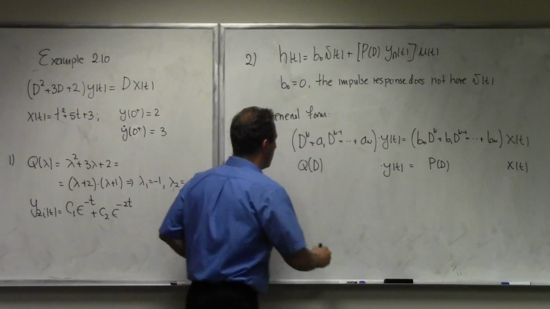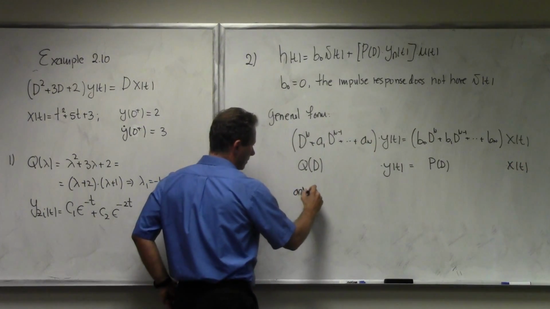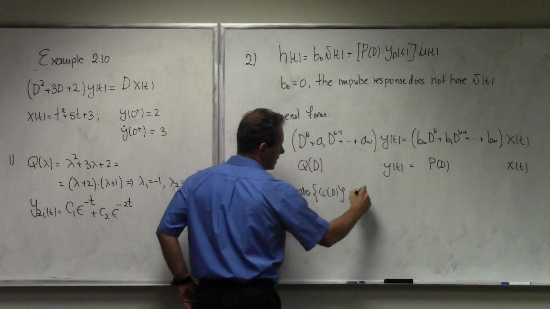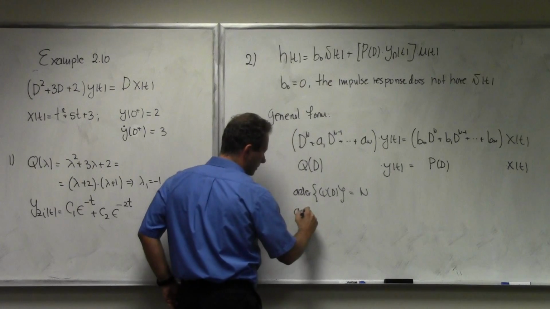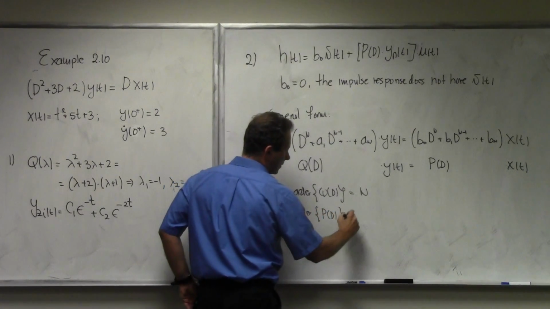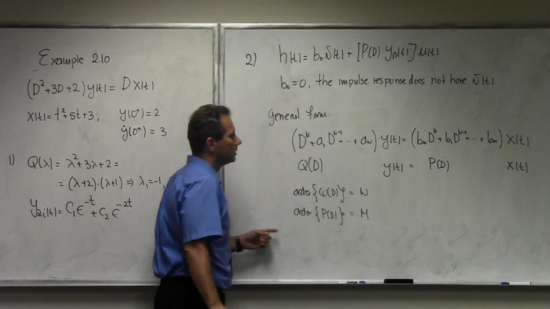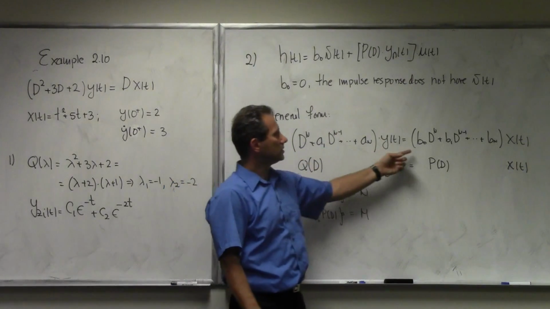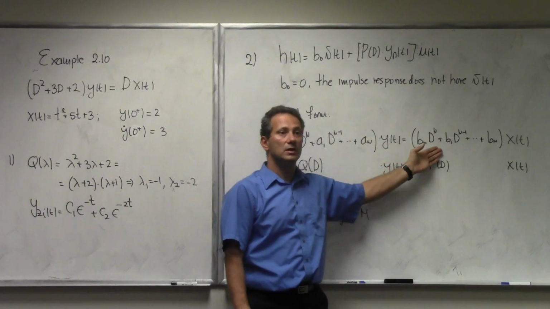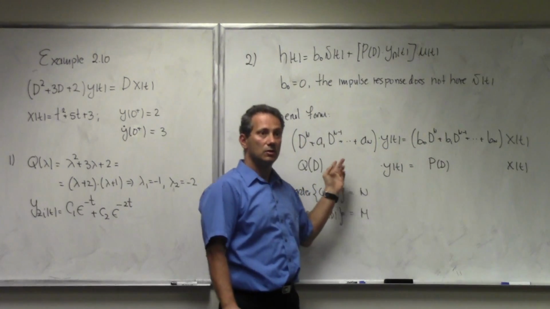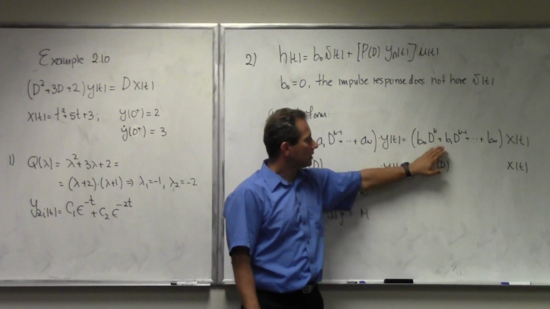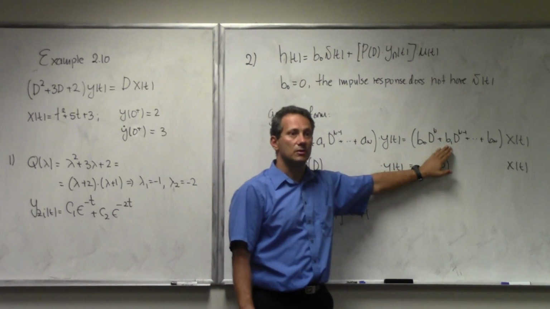The order of Q of D we refer to as n. The order of P of D we refer to as m. Usually these polynomials are of different order, where the most common case is that P of D is of lower order than Q of D, meaning that a couple of terms here are zero.